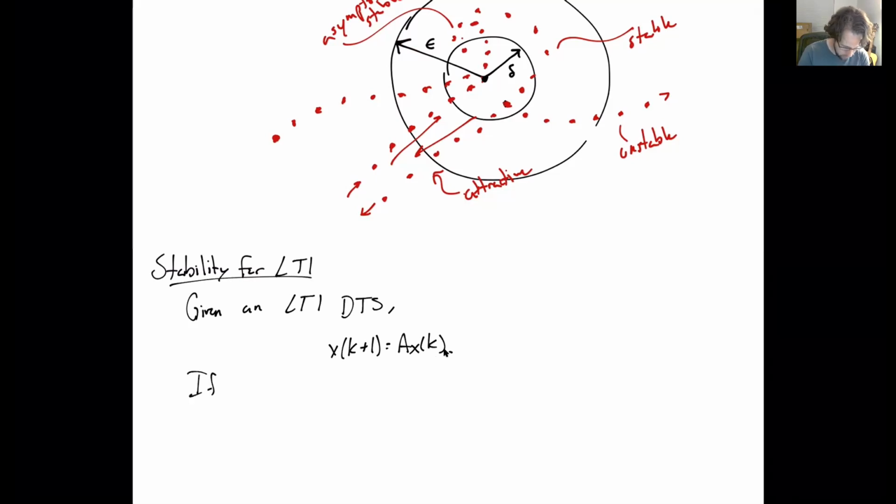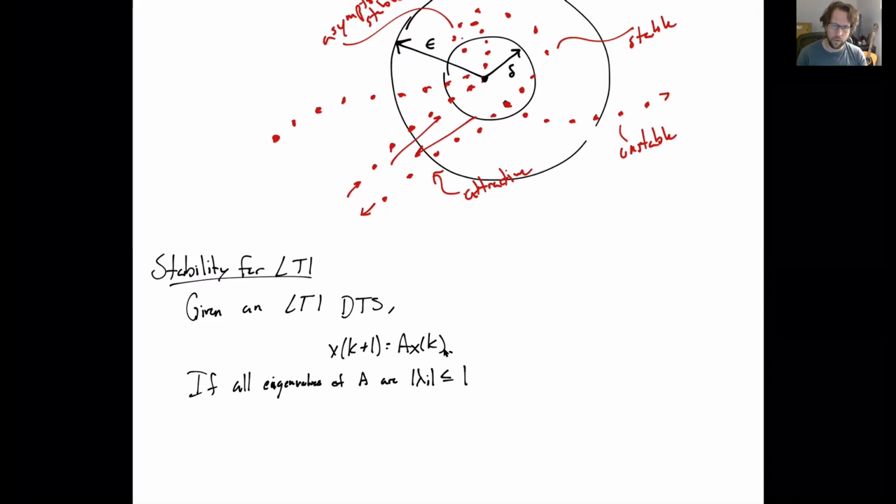if all eigenvalues of the matrix A, so again, it comes back to looking at the eigenvalues, are in the unit ball, so the unit ball is just a circle in the complex plane, the eigenvalue plane.